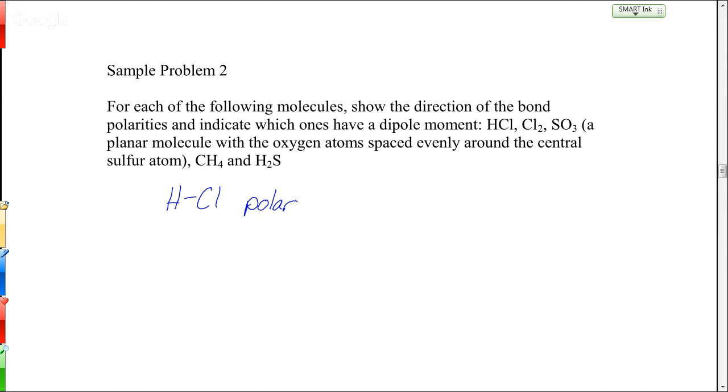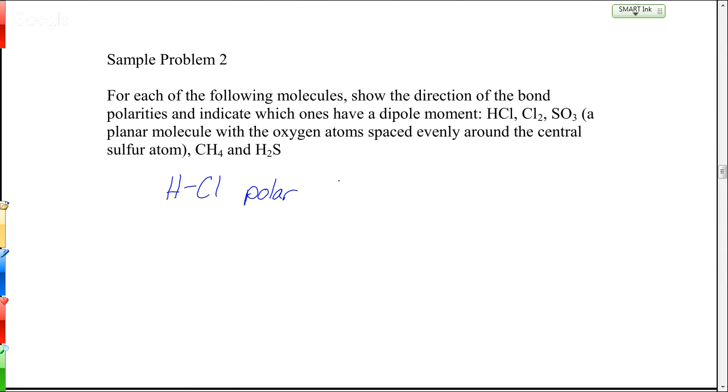Okay, good. Other ones that you're pretty sure of. SO3. SO3 is polar? All right, so how do you figure that? S is below O, so we know that an SO bond is going to be polar, right? All right, so let's look at the structure of SO3. Remember, we didn't talk about how to build these yet, but it does tell you it's a planar molecule, meaning flat, with oxygen atoms spaced evenly around the central sulfur atom.